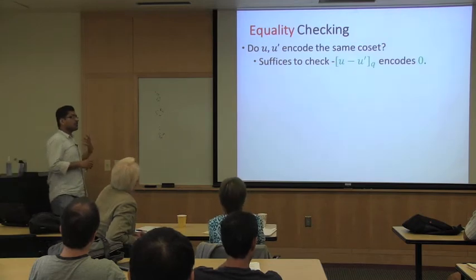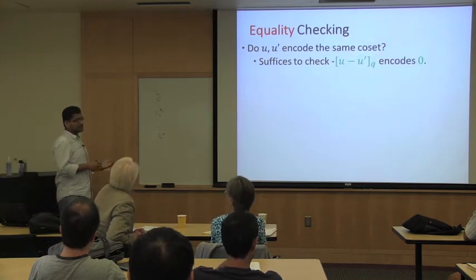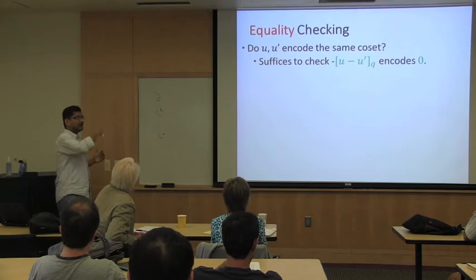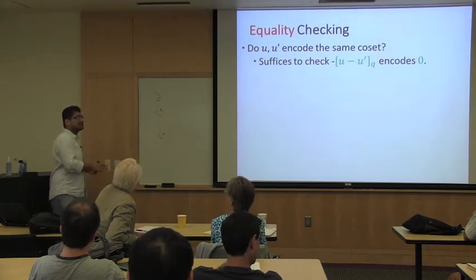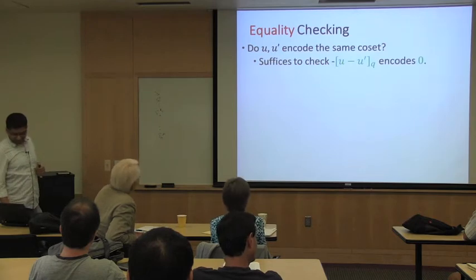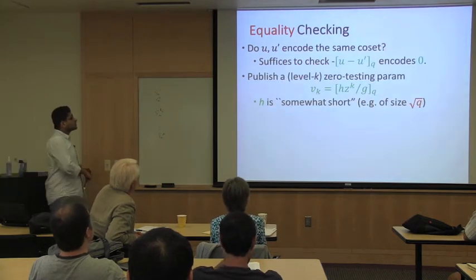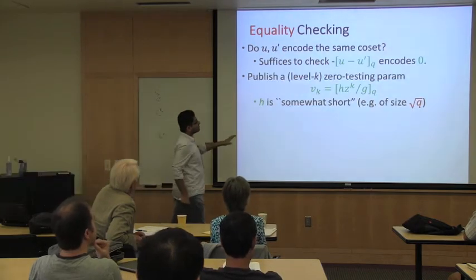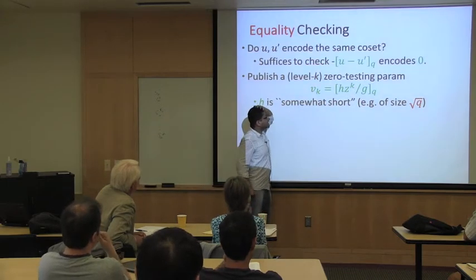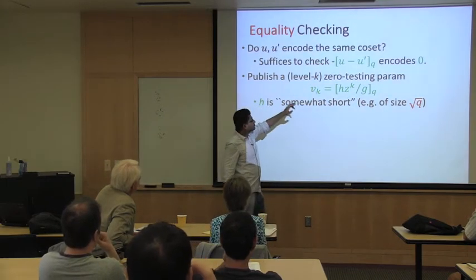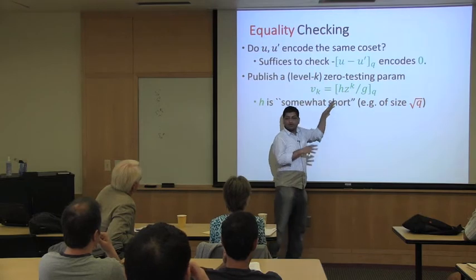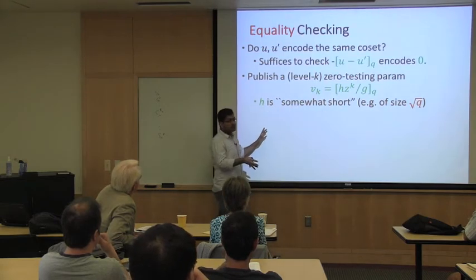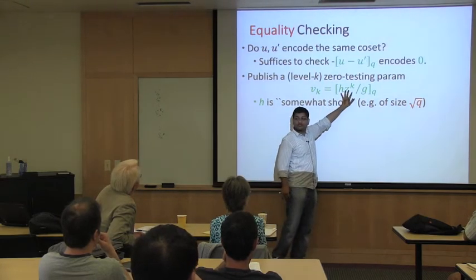So his question is, why can't we just do the equality check at a lower level directly? I'm going to give the equality check procedure now, and from that it will be clear that it can only be done at the highest level. So we're going to enable zero testing by publishing this extra parameter which looks like h Z^k by g. Recall that Z^k always was in the denominator for the encodings, and now it's going to be in the numerator.